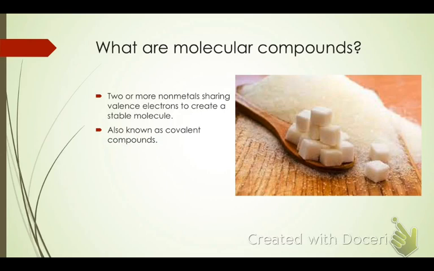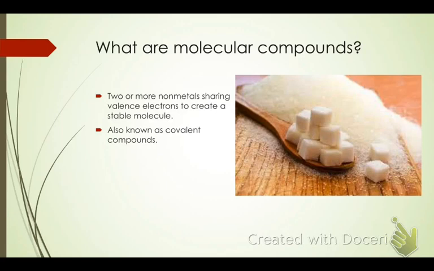So what exactly are molecular compounds? Molecular compounds are composed of two or more nonmetals, and they share valence electrons to create a stable, larger molecule. This is different from ionic compounds in that ionic compounds give or take electrons and form ions that are stable in that way.